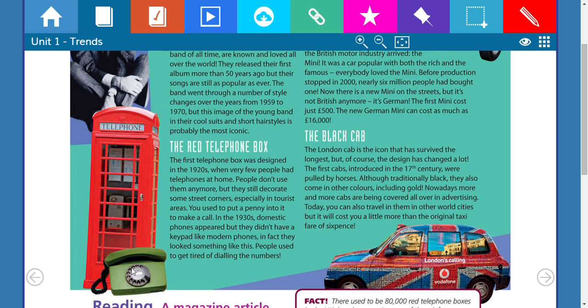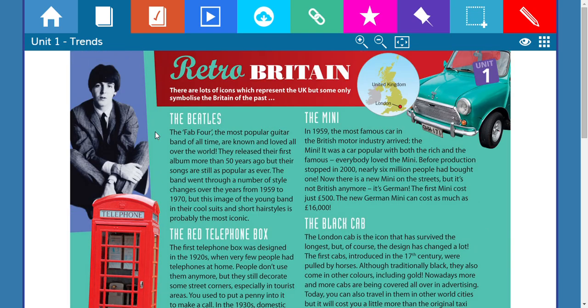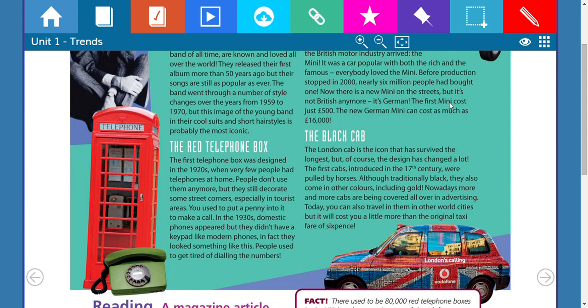This red telephone box, it's an icon in London. You can see them. The Mini, it's a car. Yes. Have you seen Mr. Bean? Do you know Mr. Bean? Yes, Mr. Bean has a Mini. His car is a Mini. And the black cab. It's like here in our country we say taxi.